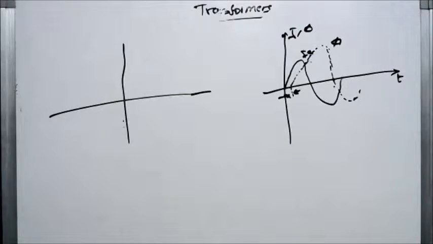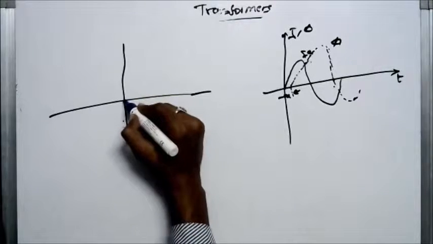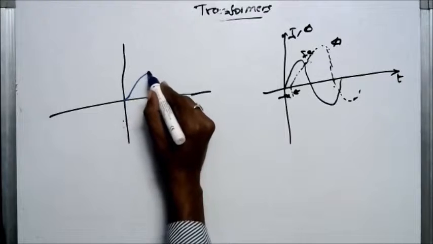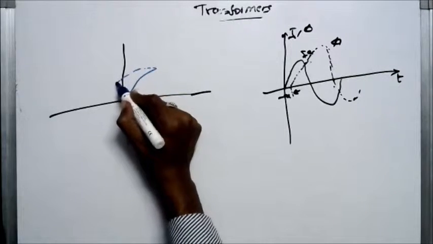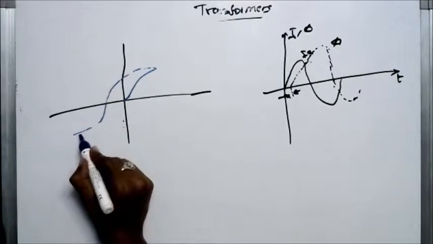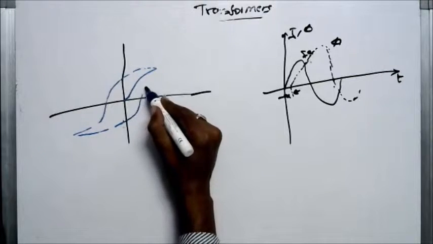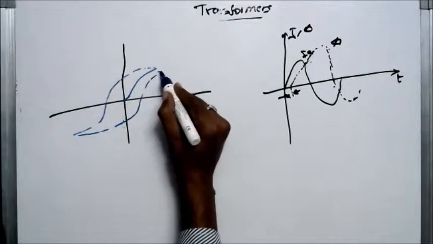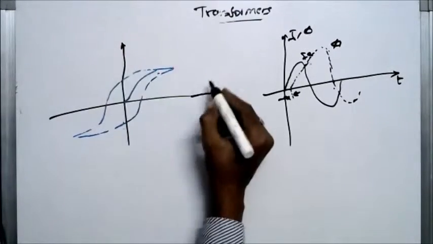See, this is initially, then there will be deviation of the path, and this is the normal BH loop of a core.